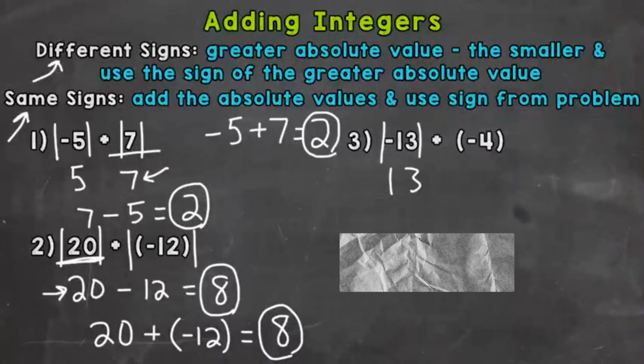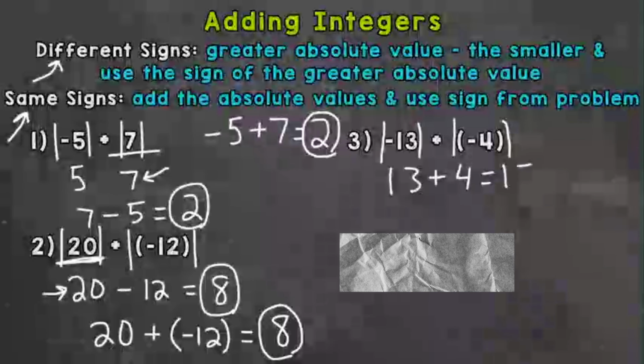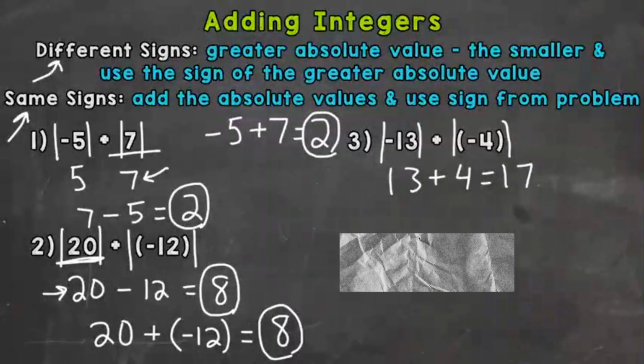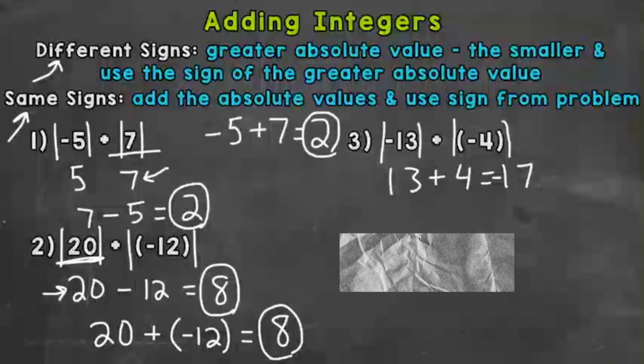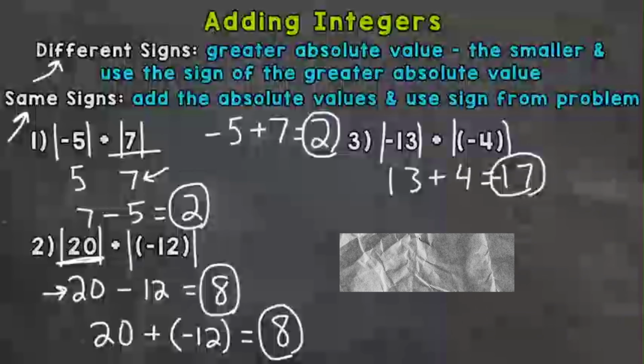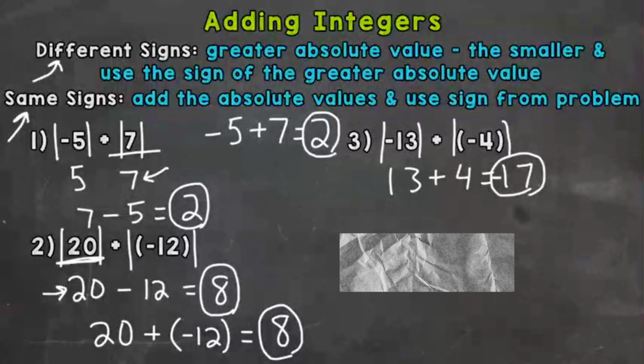And the absolute value of negative 4 is 4. So we need to add the absolute values: 13 plus 4 is equal to 17. And we use the sign from the problem. Negative 13 and negative 4 were both negatives, so our answer is negative 17.